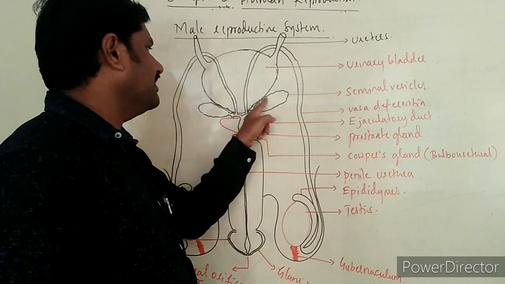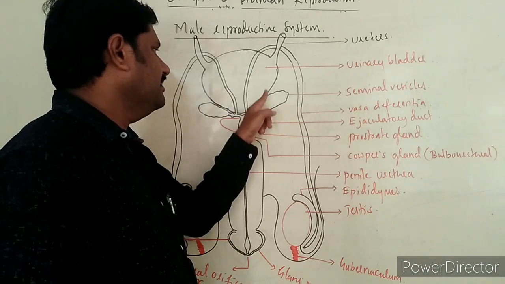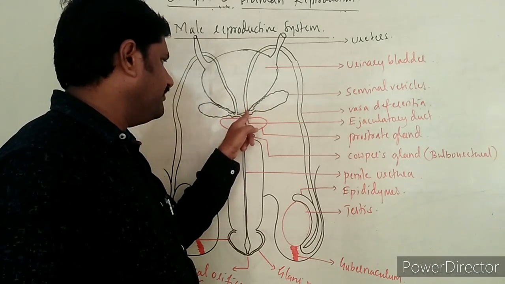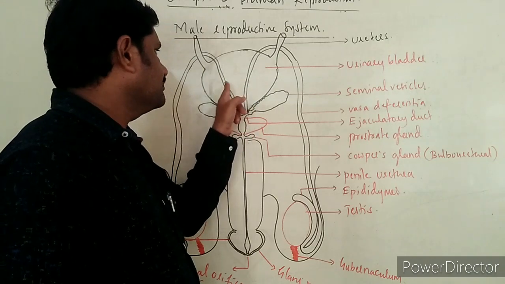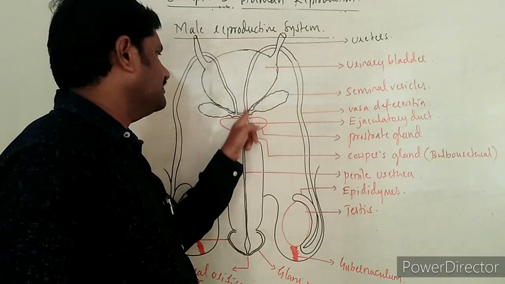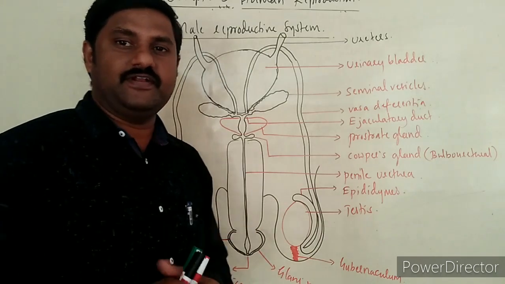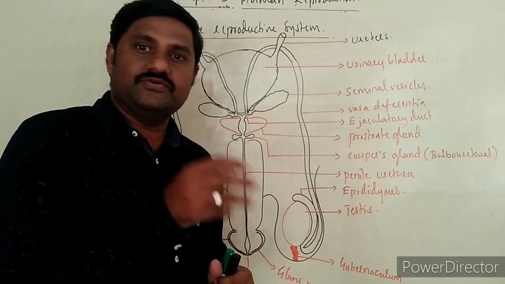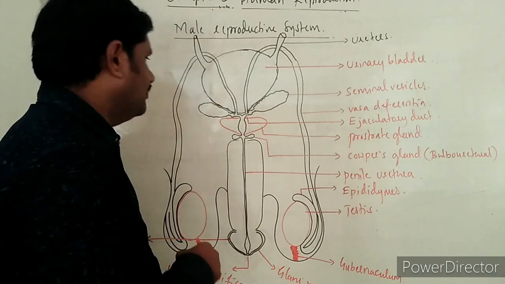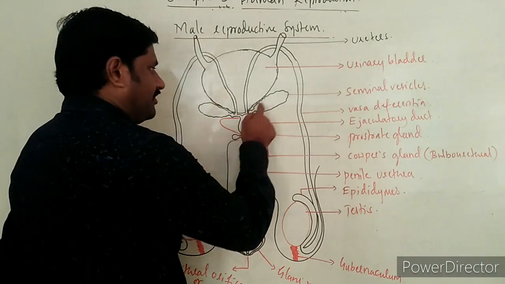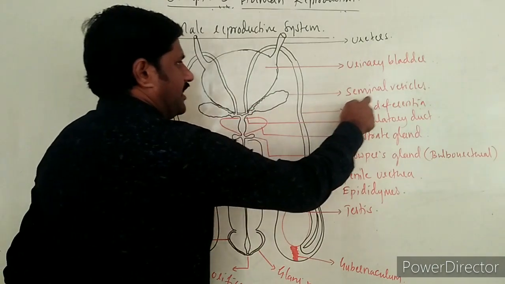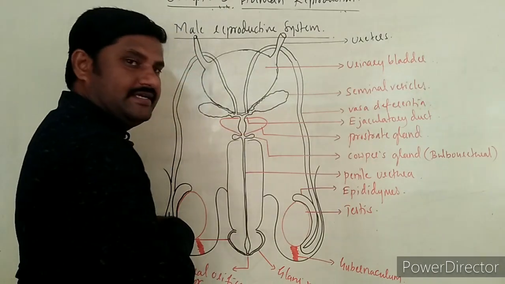A pair of seminal vesicles you are observing here. So the duct of the seminal vesicle is where the vas deferens opens over here, right? The vas deferens opens into the duct that came from the seminal vesicles, right?